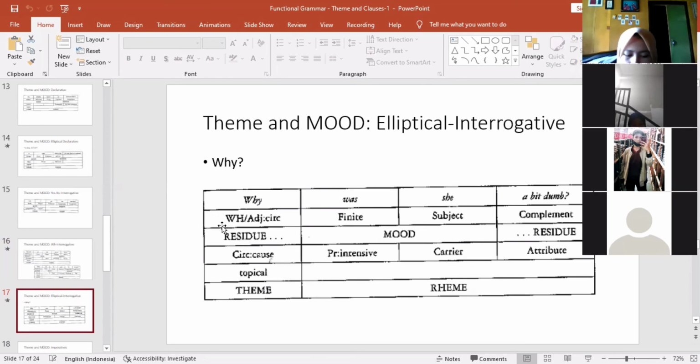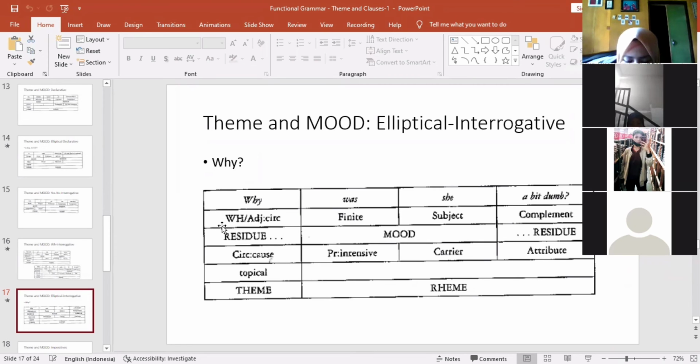For another example: why are they coming here but she doesn't? The sentence has two subjects and one predicate. We can analyze: why is WH adjunct circumstance, are is finite, they is subject, come here is predicator, but she doesn't is complement.